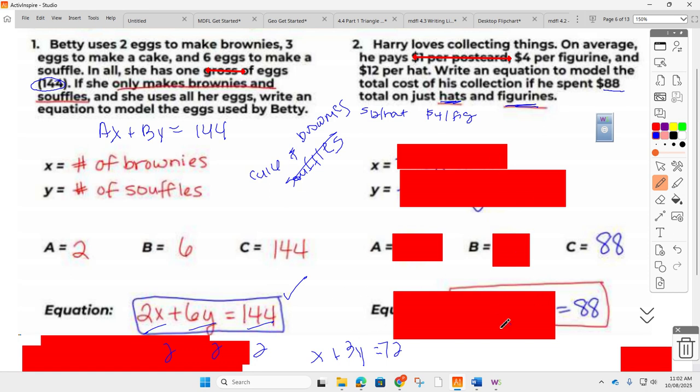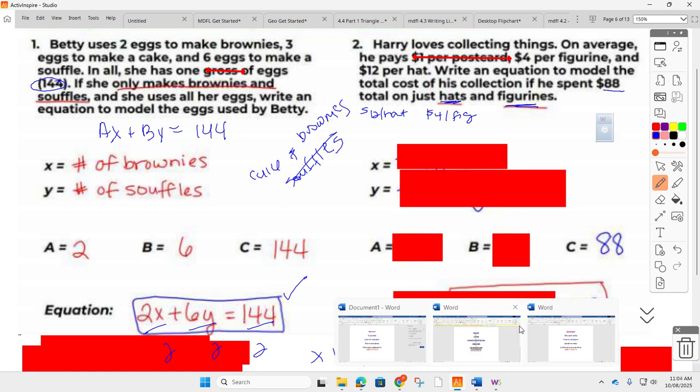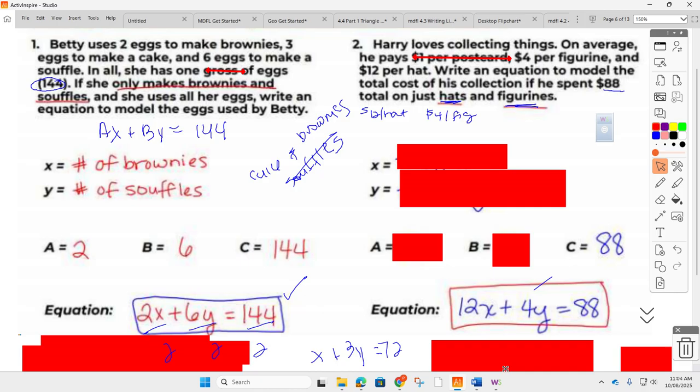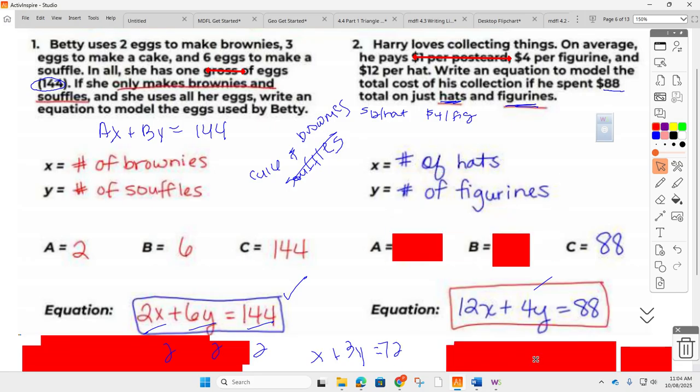Kate, can you tell me what the equation is without us knowing what x and y are? 4x plus 12y. Let's go. And you can swap it. So Kate used x for figurines and y for hats. I already have it the other way, but it would not be wrong the way Kate said it. Does that make sense, Kate? So x is the number of hats, y is the number of figurines.